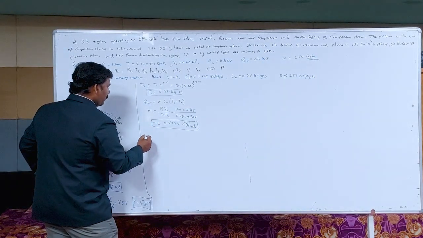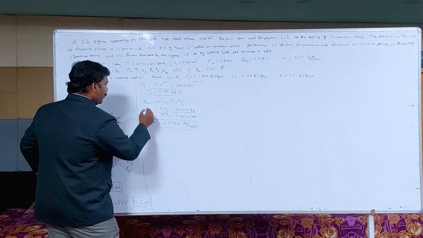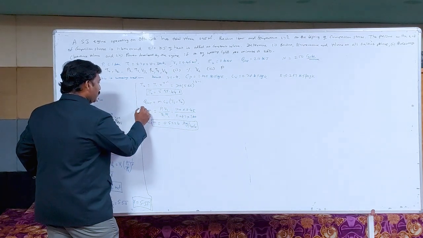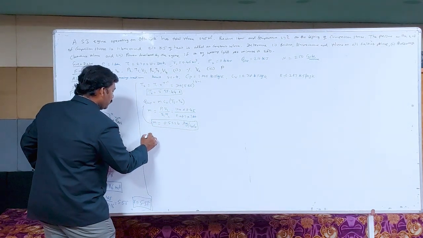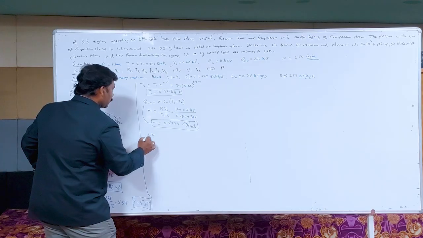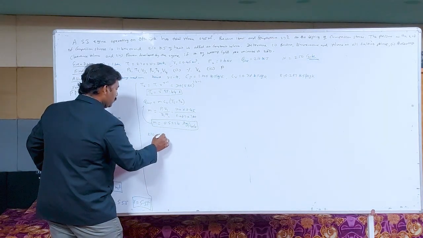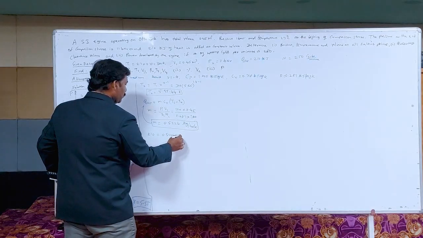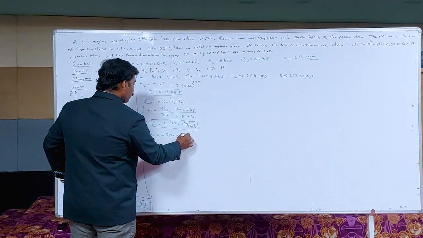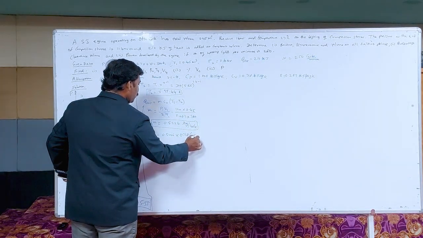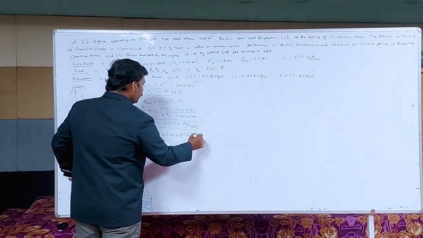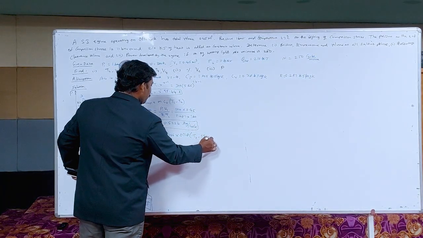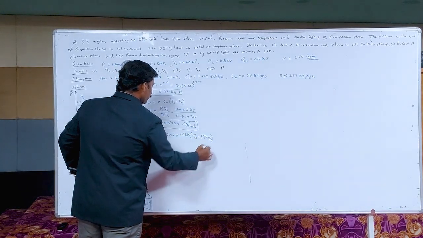Substituting the mass in the heat supplied equation, you get 210 kilojoule is equal to 0.5226 kilogram per cycle into Cv value 0.718, into T3 minus T2. We do not know T3, that we have to find out, and T2 is 595.44.